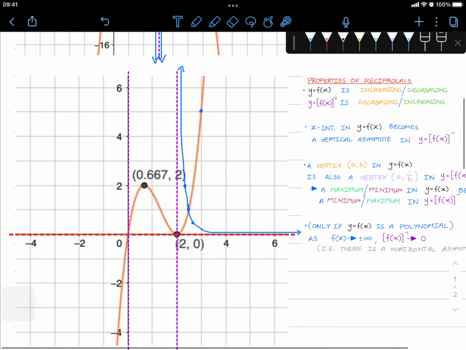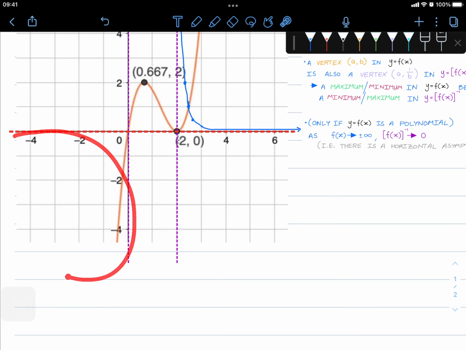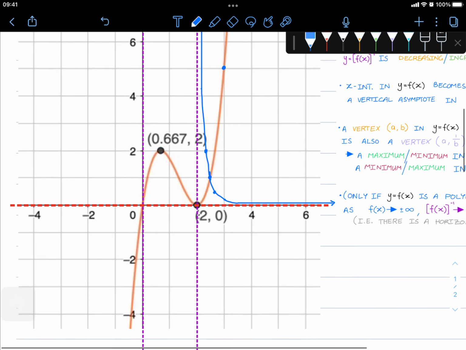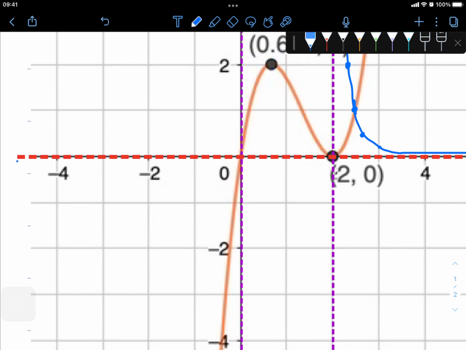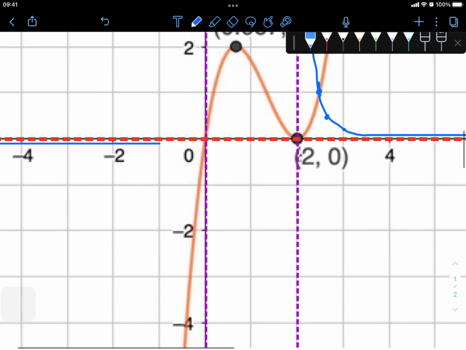Now let's focus on this right hand side. In a similar way, we can bring this already. We know there's going to be an asymptote going across like this. And at this point, it's -1. So we know it should intersect at that point because of the reciprocal.